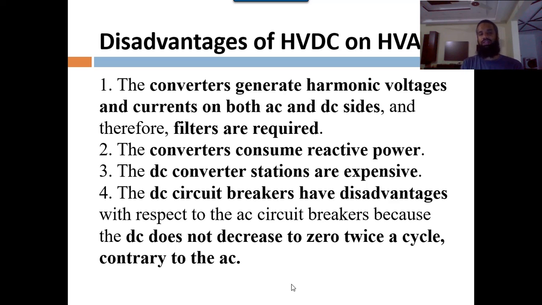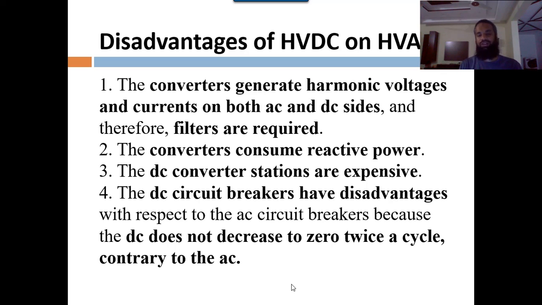But in these systems, where we have a huge capacity of inverters and converters, these produce voltage harmonics or current harmonics. So in order to avoid this voltage or current harmonic, we need a special system to filter out these things. So the converter consumes reactive power.